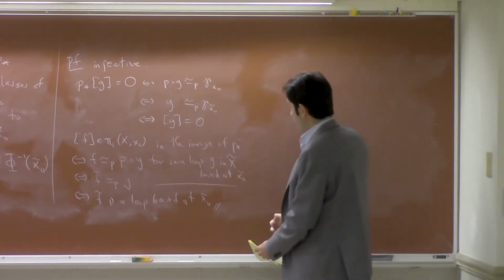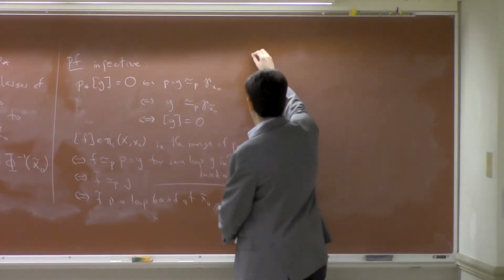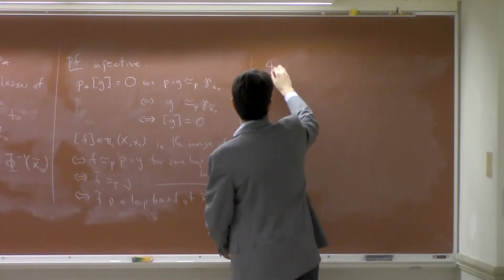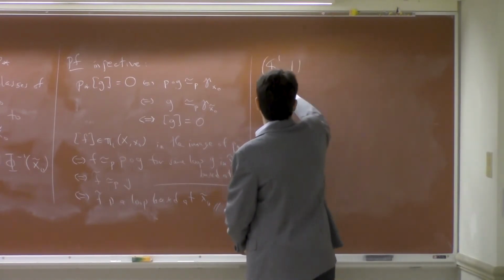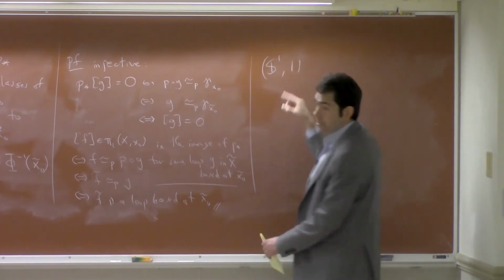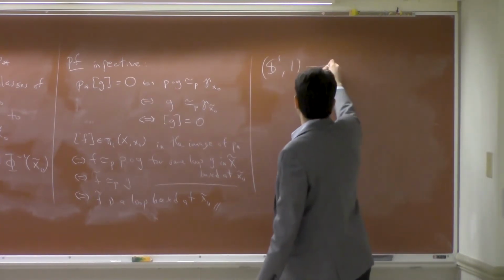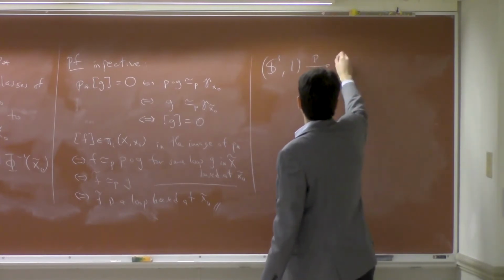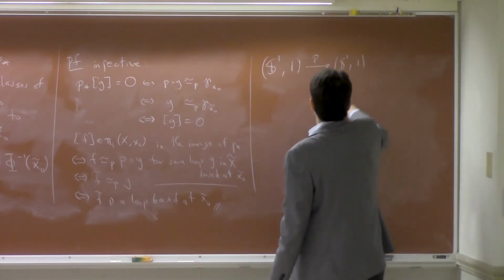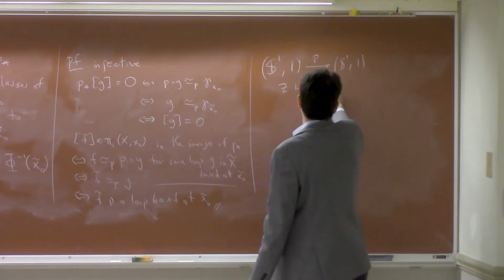So just to see what this is saying, let's say you looked at S1 with base point 1, so we're thinking of it as being inside the complex numbers. And let's say that our map is c goes to c to the n.